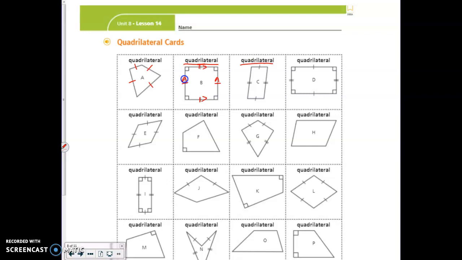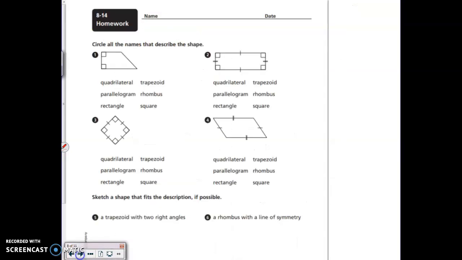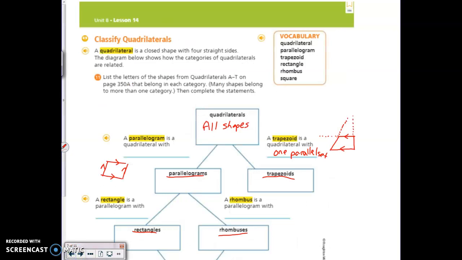Those also appear to be parallel. So that means that this shape is for sure a parallelogram. So that means that this is a parallelogram. And we can't have anything be both a parallelogram and a trapezoid. That is a decision that needs to be made. It is either this or this. It cannot belong to both categories.